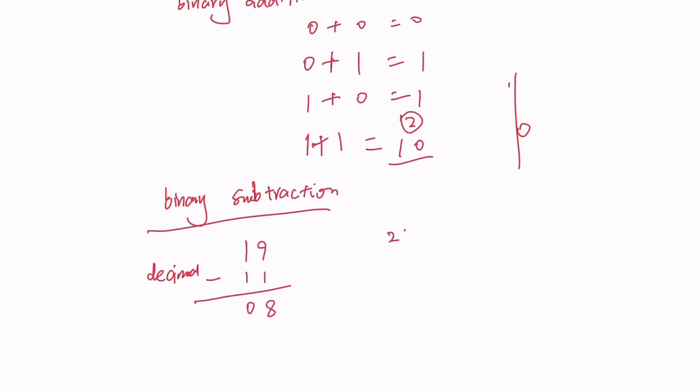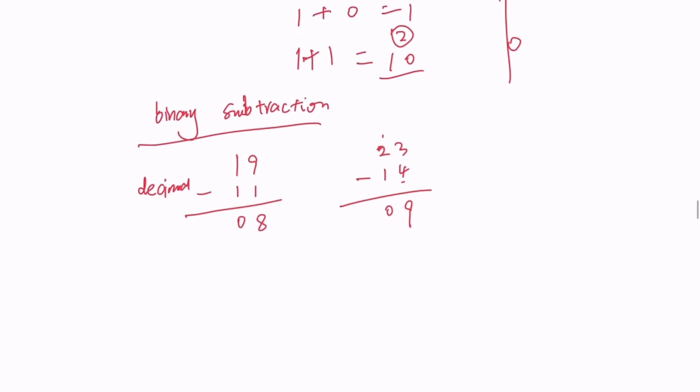Let's say we have 23 minus 14. 3 is less than 4, so we need to borrow 1. That would give us 13. 13 minus 4 is 9. And then we already have 1 borrow, so 2 subtract 1 is 1, minus 1 is 0. So 23 minus 14 is 09.